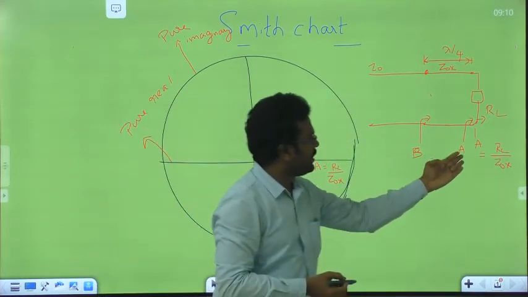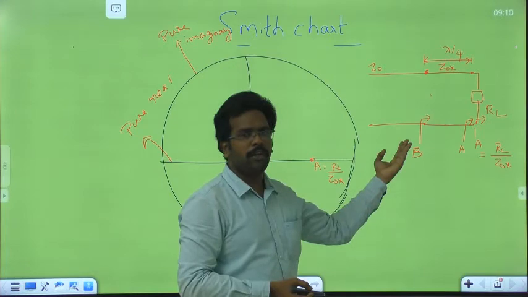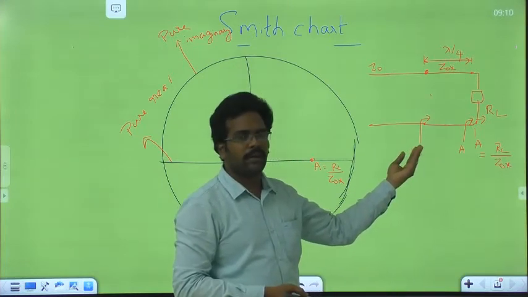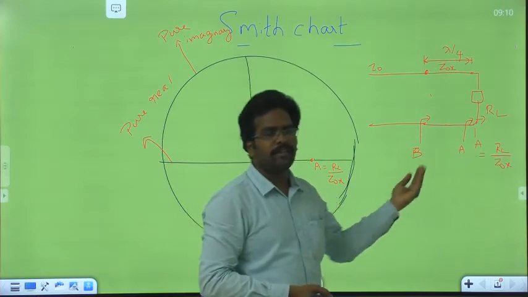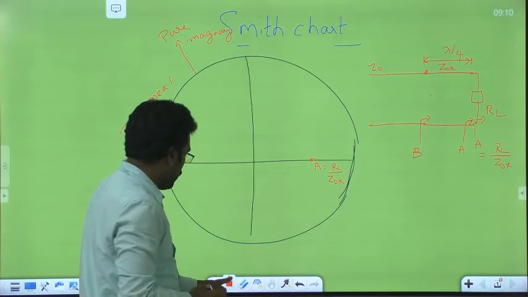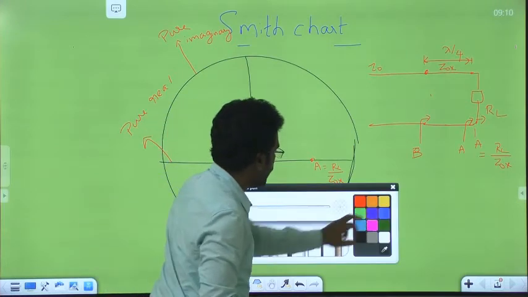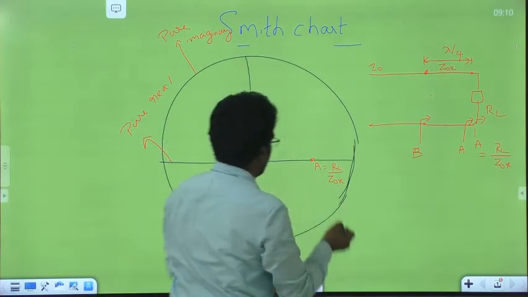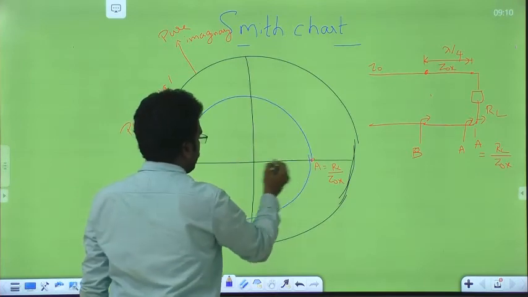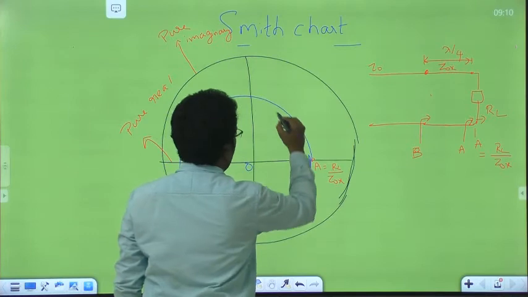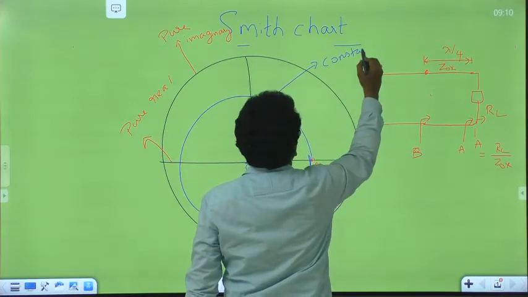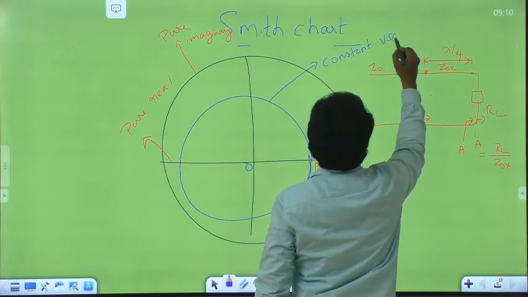So from this point, you should move a distance of lambda by 4 to reach B point. So in the previous topic, what you have discussed, moving on a line is same as that of moving on a constant VSWR circle. So what we have to do now? We have to draw a constant VSWR circle, with OA as radius.